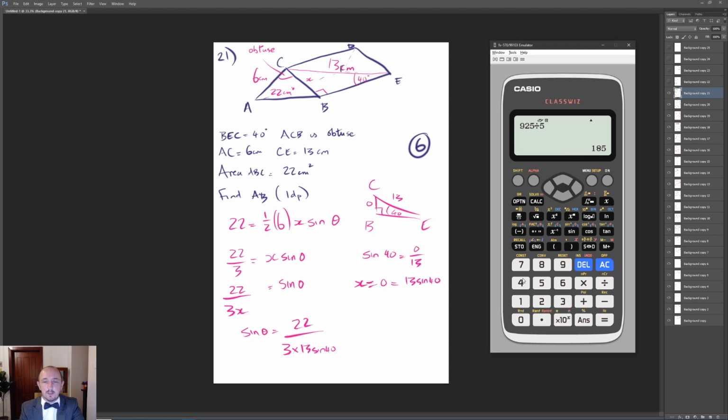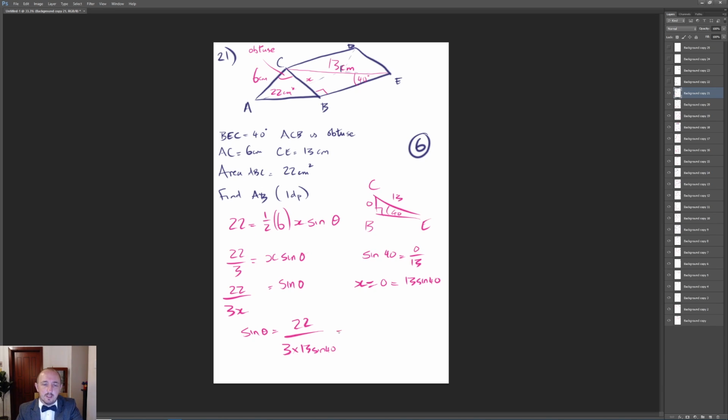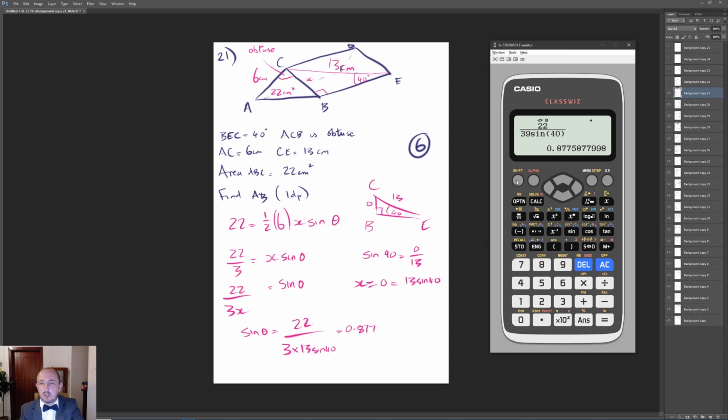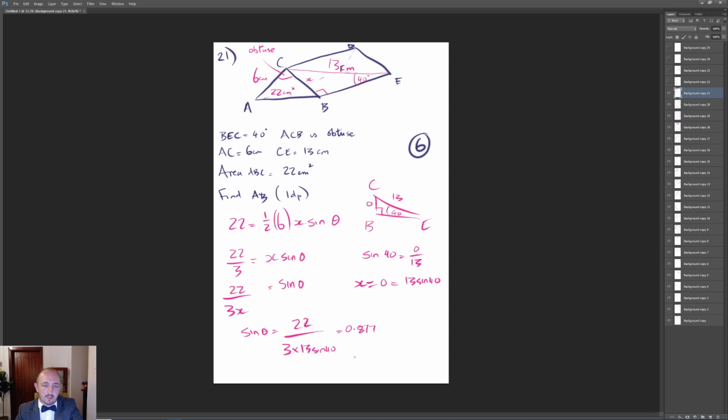Find out what that is. 22 over 3 times 13 sine 40. And we get 0.877. So when we do shift sine of that, we get 61.35 degrees. So we've worked out sine theta, and we've worked out theta, and it's given us 61.35, but it says in the question that that angle is obtuse.